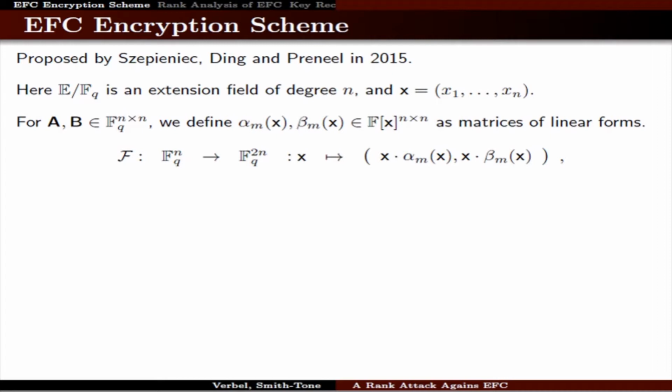It's a quadratic map given by this multiplication over here and this multiplication over here. This is going to be a map from F_q^n to F_q^2n.